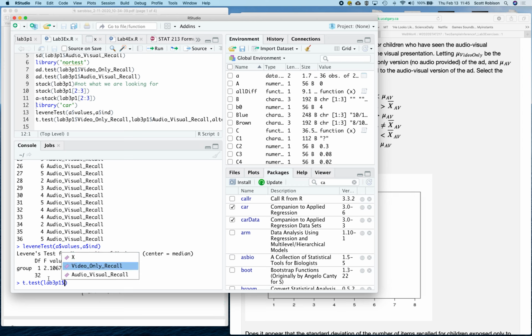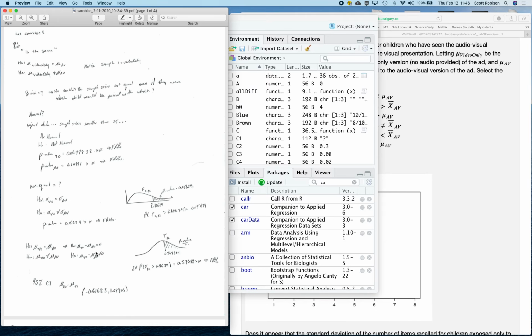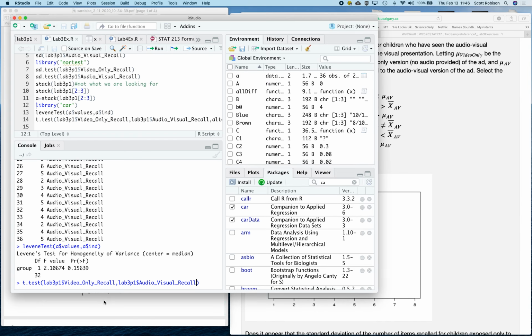And then here I'm going to say video only as the first mu. And I'm going to say audio and visual as the second mu. You want to make sure that if you have written your hypothesis where you have the first mu be video and the second mean be audio and visual, that you continue that same order when you're using R. I want my video to be the thing that I went first, and the audio and visual to be the thing that I did second.